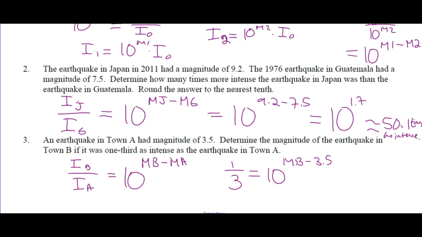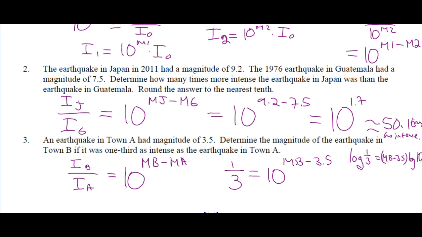Okay, so it's a little more complicated to solve. We want to solve for an unknown exponent, which means we're going to take the log of both sides. So log of 1/3 is equal to the magnitude of B minus 3.5 times the log of 10.